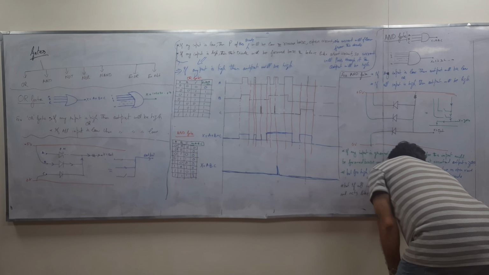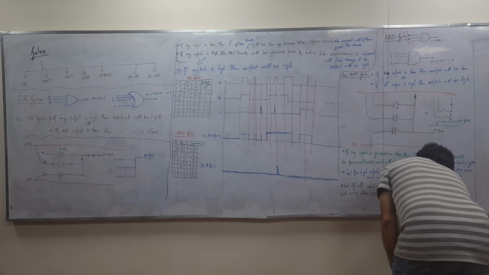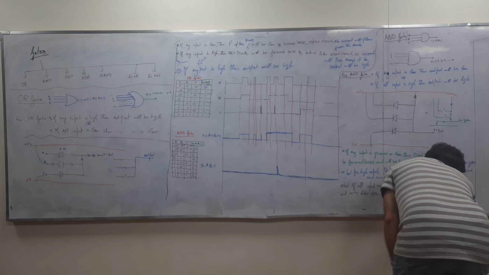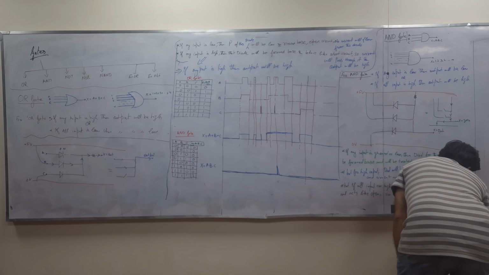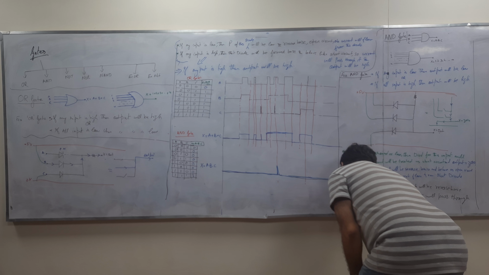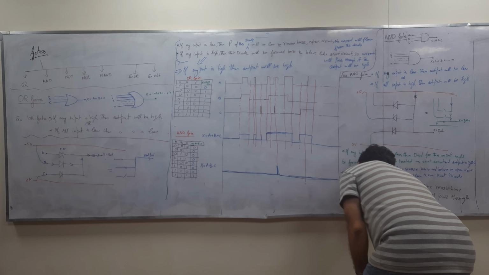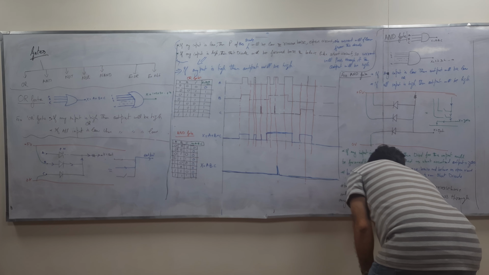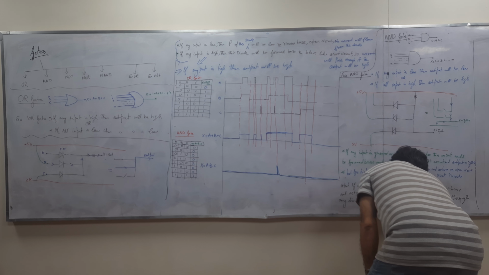So no current will pass through any diode, but only through the output.